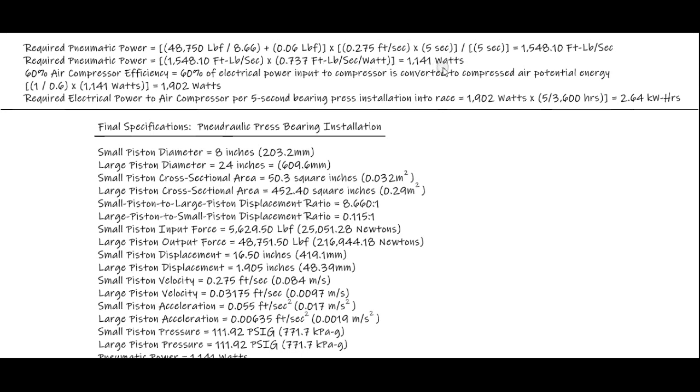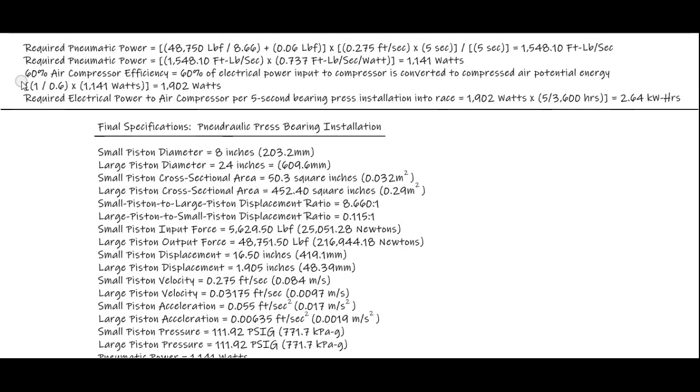we get 1141 watts. Most air compressors, reciprocating air compressors, are going to operate at 60% efficiency, which means 60% of the input power, in this case electrical power, to run the compressor is converted into compressed air power potential, or pneumatic power potential.